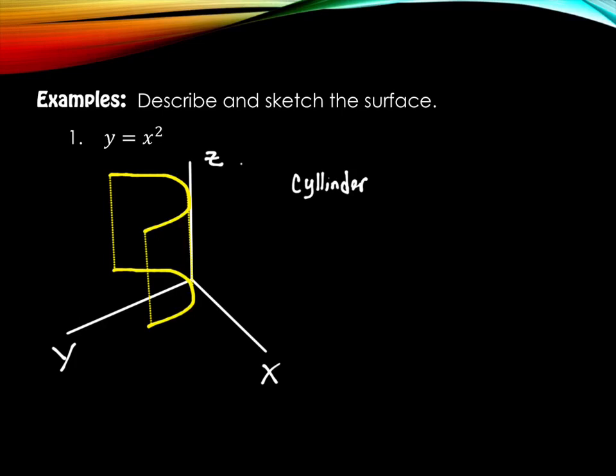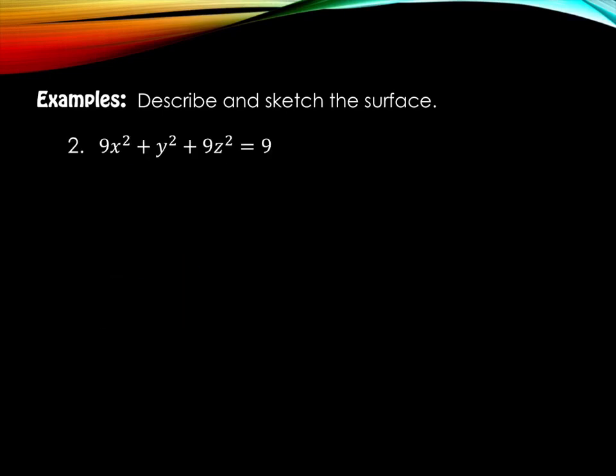Okay. You ready to look at another one? So we need to get this into any of the forms that we have seen. All the forms that we've seen have either something set equal to 0 or something set equal to 1 if they have 3 squared terms, which this one does. Right?